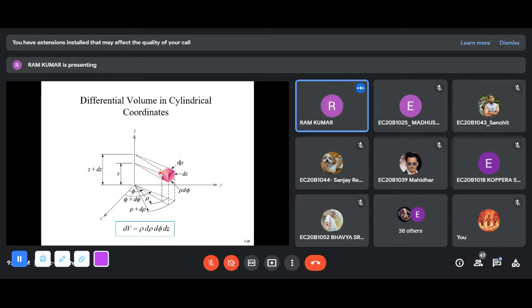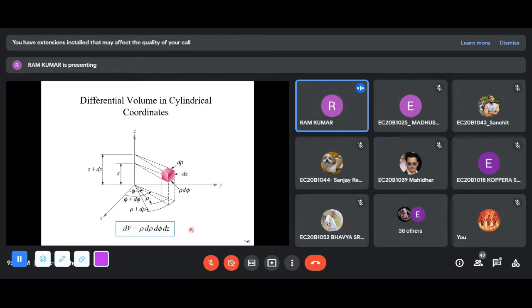This is rho, and this is rho plus d rho. So d rho, dz, rho into d phi. The differential volume dV can be denoted as rho d phi dz.